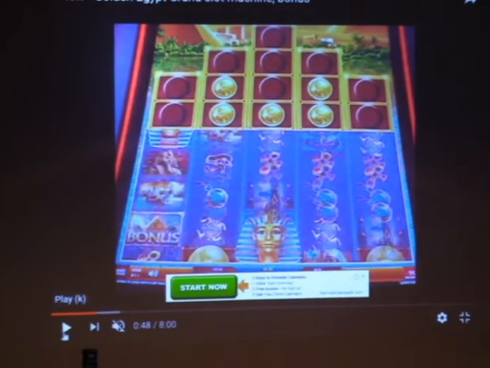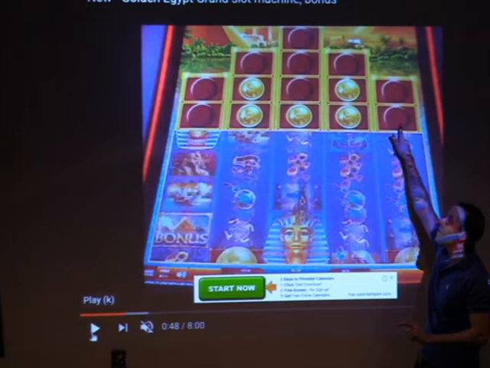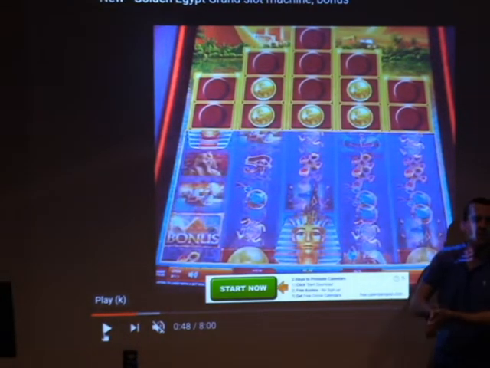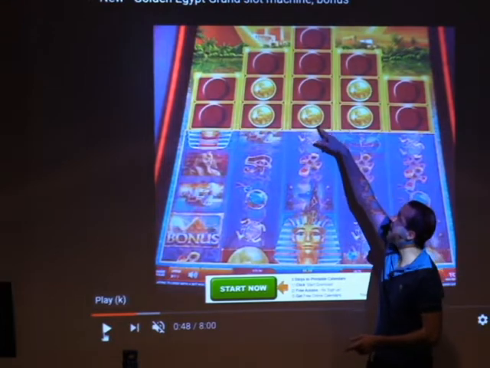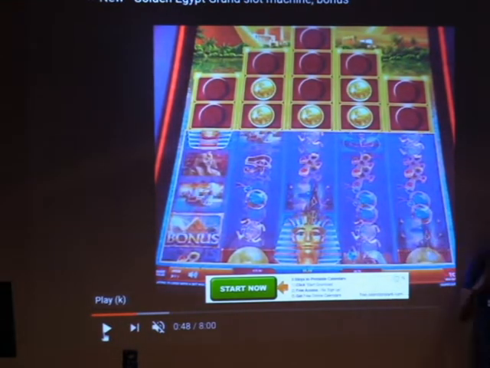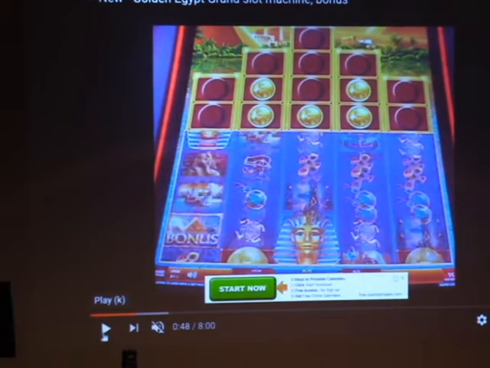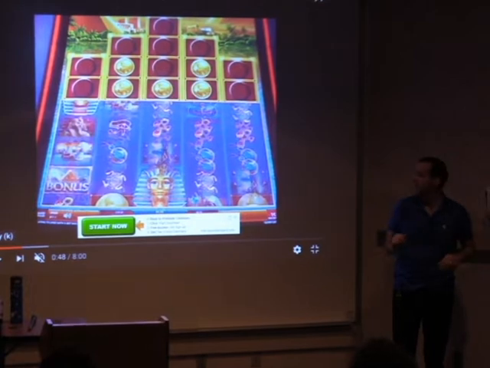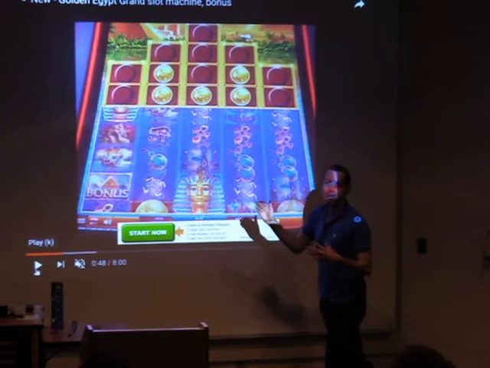So every time a wild symbol lands, it pops up here. And if you ever fill the reel, or if you ever fill the stack, what happens is that reel becomes wild for the next 2 spins. This is an example of one of those rare exceptions where each spin is not independent. And it's called a persistent game.